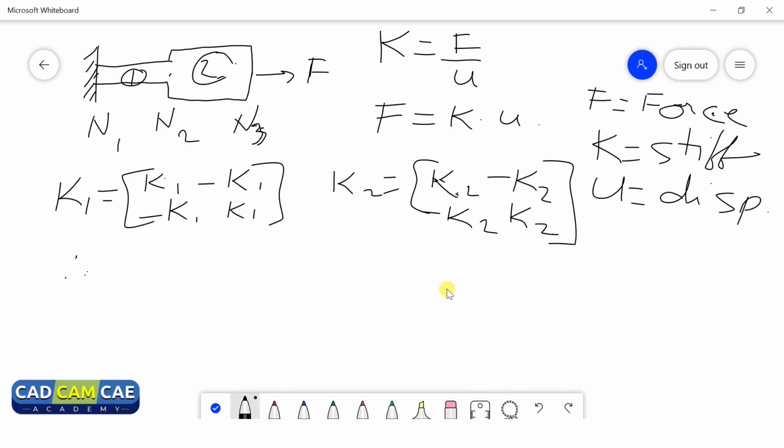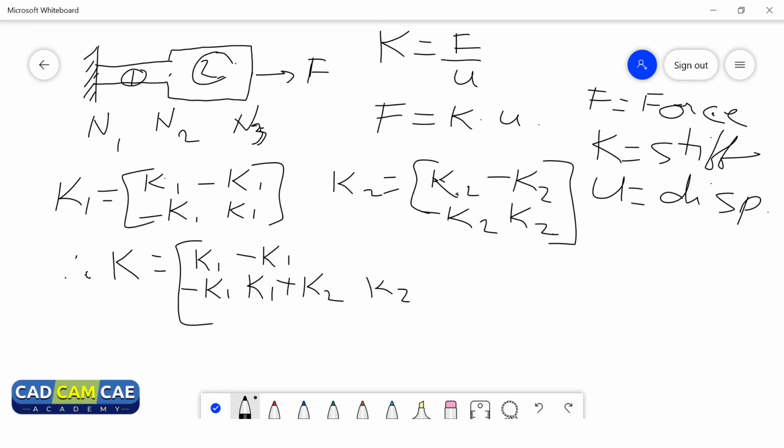Therefore our global stiffness matrix will be K1, minus K1, minus K1, K1 plus K2, minus K2, minus K2, K2, remaining elements 0. So this is nothing but our global stiffness matrix.